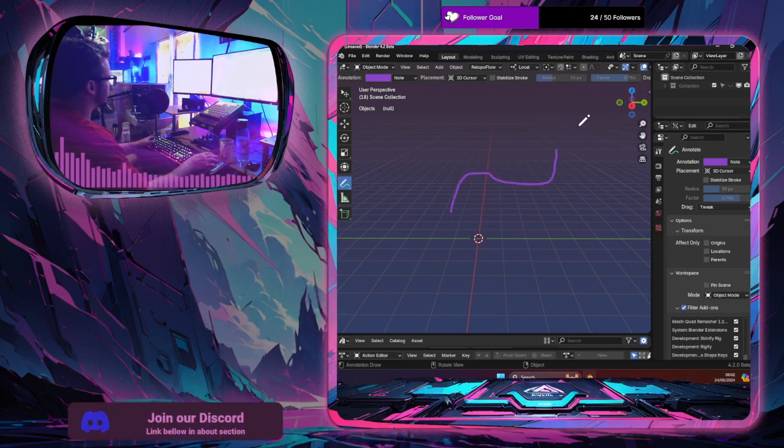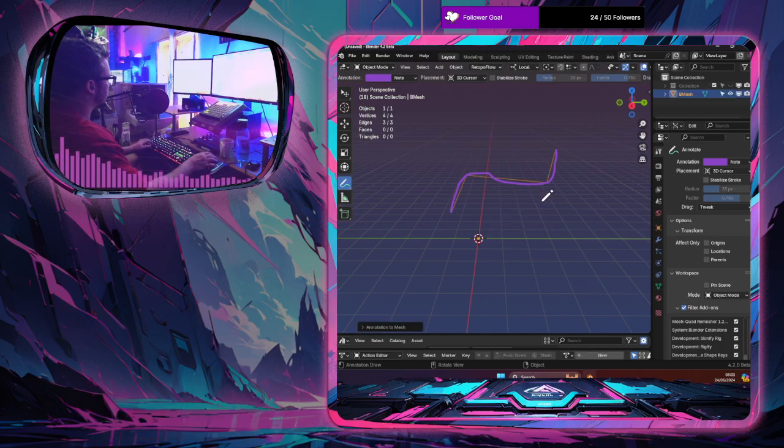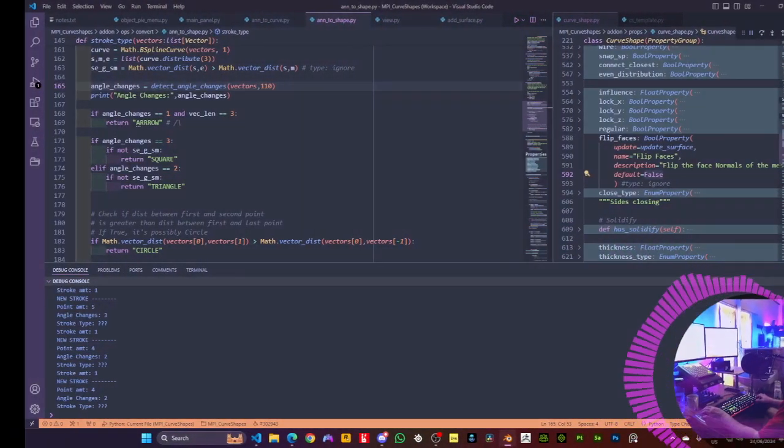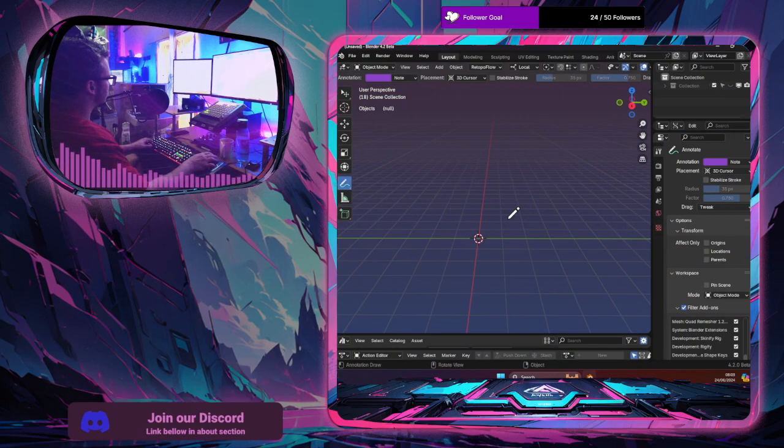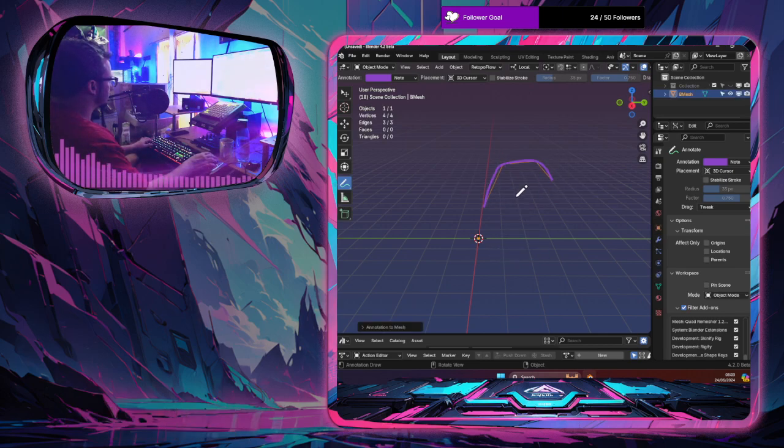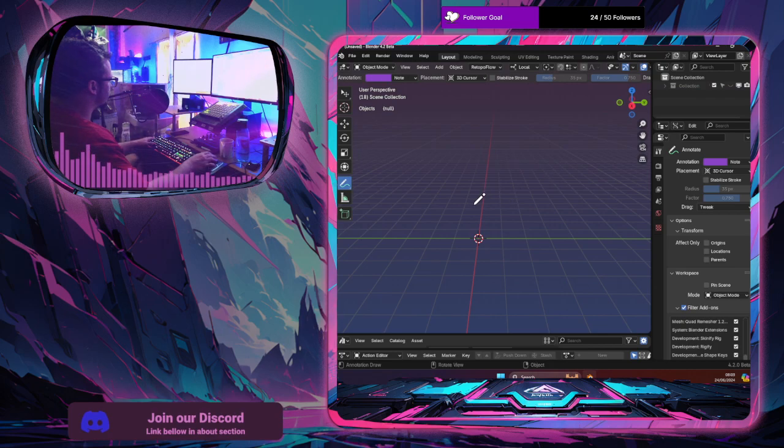How about this? What is this? Good. Good. And this? That is a circle. Good. And this? We don't know what that is. Okay, good.